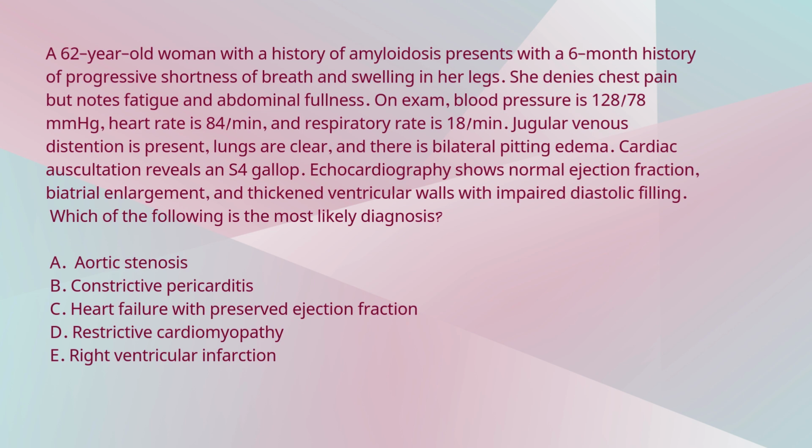Cardiac auscultation reveals an S4 gallop. Echocardiography shows normal ejection fraction, biatrial enlargement, and thickened ventricular walls with impaired systolic filling. Which of the following is the most likely diagnosis? Aortic stenosis, constrictive pericarditis, heart failure with preserved ejection fraction, restrictive cardiomyopathy, or right ventricular infarction?